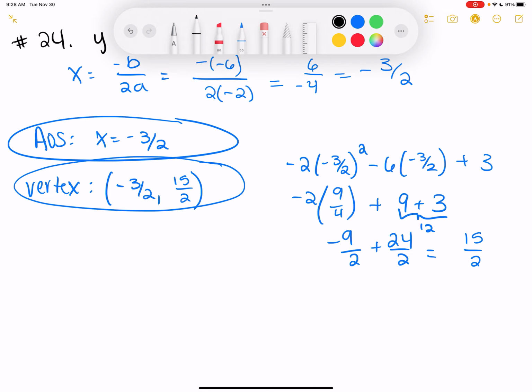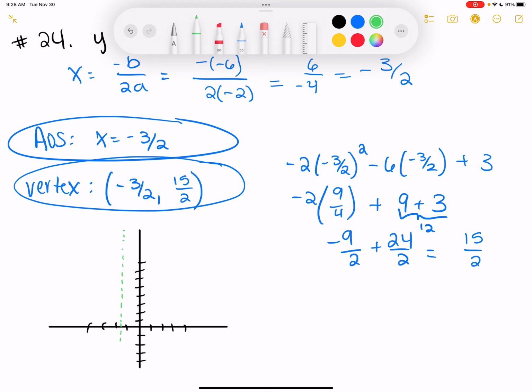Alright, so then as far as graphing it, 15 over 2 is 7.5, so I'm gonna go up a little ways. Alright, so my axis of symmetry is at negative 3 halves, so I'm going to go ahead and draw that in. So it's about negative 1.5.